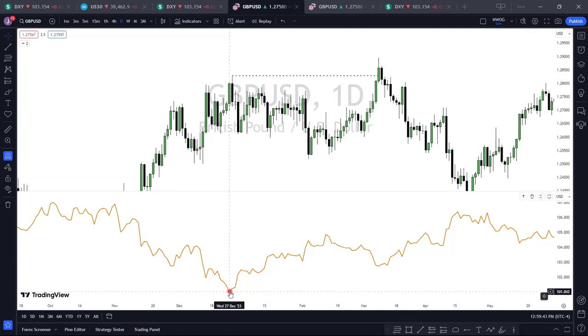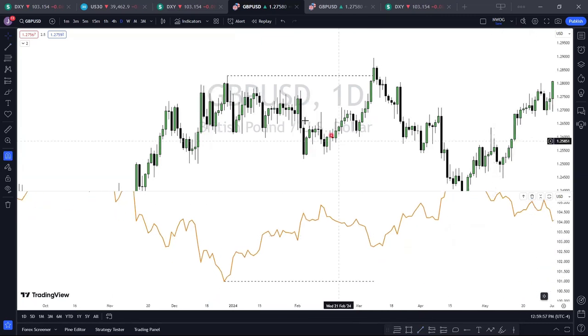And this point here too is the 28th of December 2023. So if I draw my line here, this same point, you would see that the British pound made a higher high, but the DXY did not make a lower low. So there is divergence here.